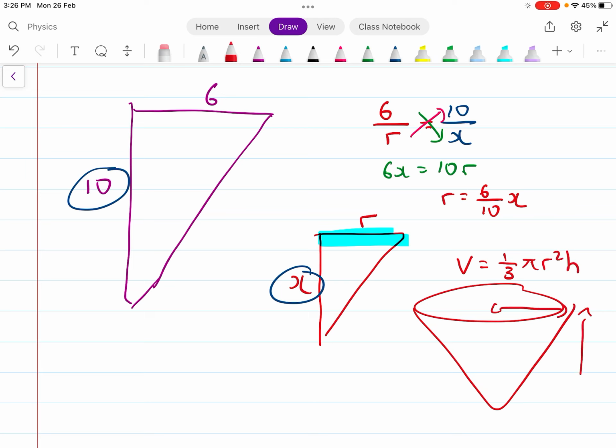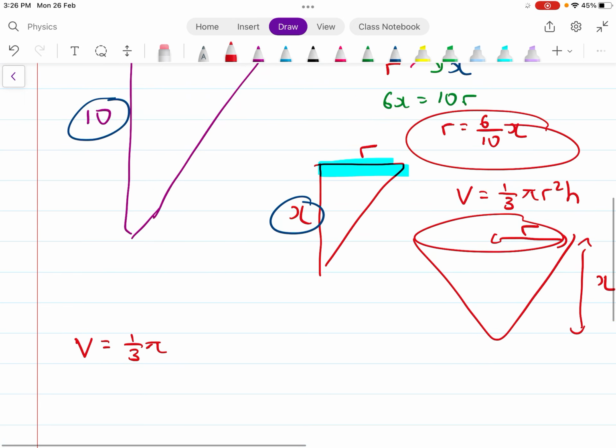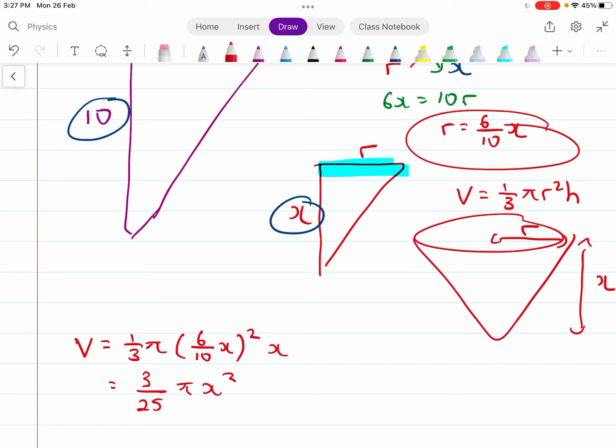R is this, and the height is x. So the volume is 1/3 pi times R squared, which is 6 over 10 x, squared, then times the height x. Doing a bit of calculation, 6 over 10 times 6 over 10 times 1/3 gives you 3 over 25, pi, x squared times x is x cubed. So I have already shown that the volume is given as such.